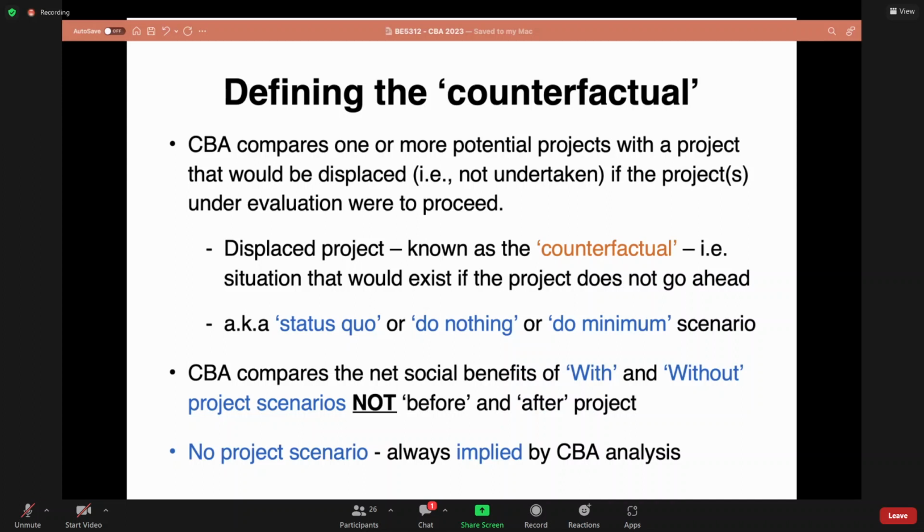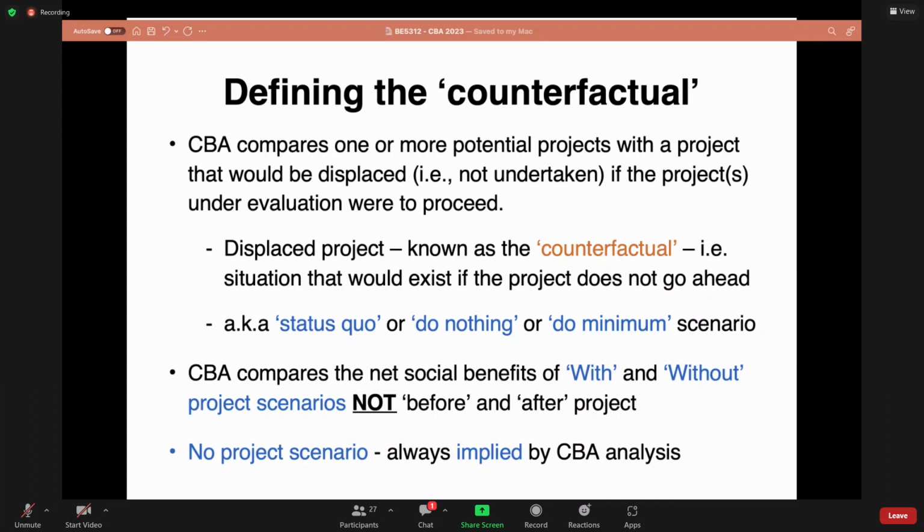So basically, in other words, this would be the scenario that would be there if we don't undertake the project. It's known as the counterfactual. It might also be referred to as the current status quo, or the do nothing scenario, or the do minimum scenario.